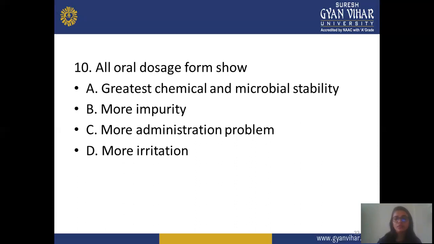Oral dosage forms may include solid, liquid, or any type of formulation. This is all regarding your problem solving question part. After completing this topic and this PPT, you should be able to easily solve these questions and clear your concepts with their help.